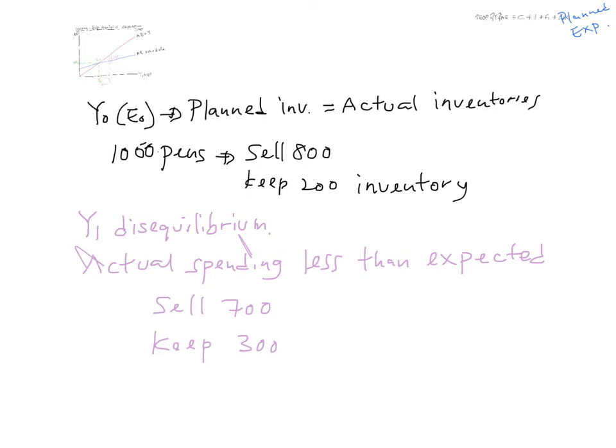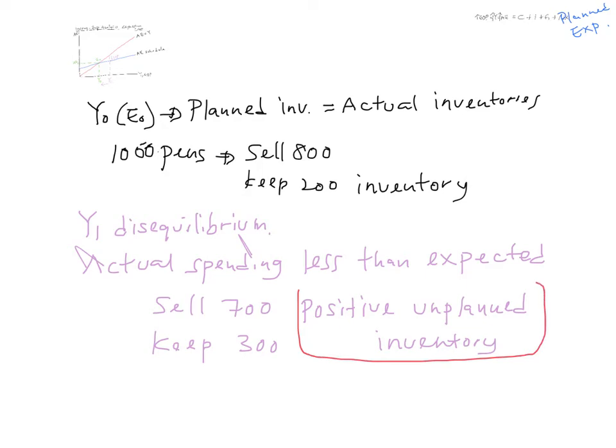The fact that you have more inventory than you like is known as positive unplanned inventory. That basically means that you have more stock than you would have liked.